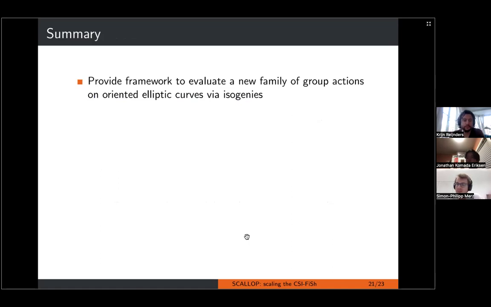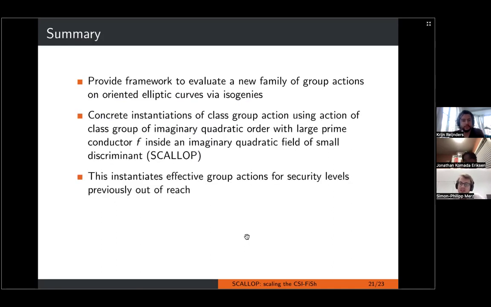So let me summarize the main contribution. We have this framework to evaluate a new family of group actions on elliptic curves via isogenies. We have a concrete instantiation using imaginary quadratic orders with large prime conductor inside an imaginary quadratic field of small discriminant.